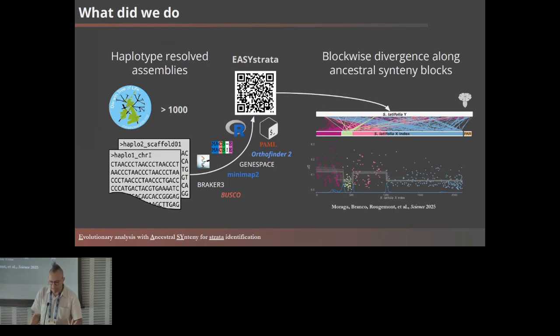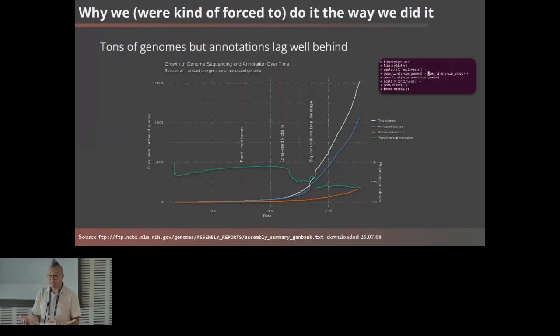When I say ancestral synteny blocks, I'm referring to the recombinant state, as it was before recombination was suppressed. We applied this to a bunch of systems that I'm going to tell you about, but first I would like to explain why we were forced to do it the way we did.